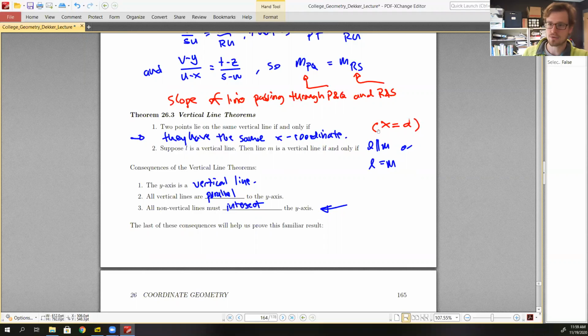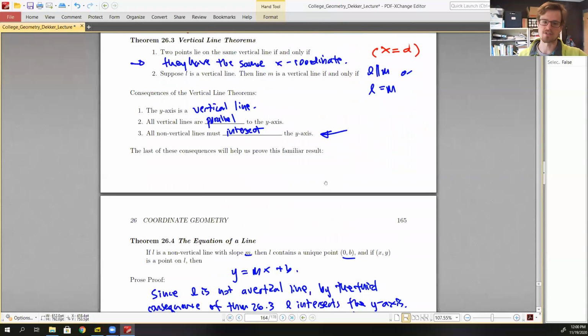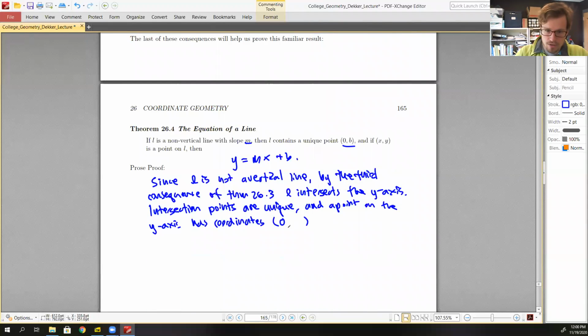And what is that x-coordinate? Well, we chose the y-axis to be where the x-coordinate is 0. So the x-coordinate is 0, and then the y-coordinate is going to take on some real number b. It even could be 0, right? So for some real number b.